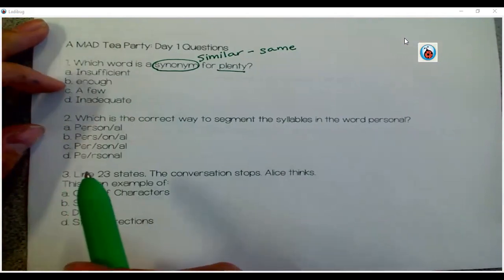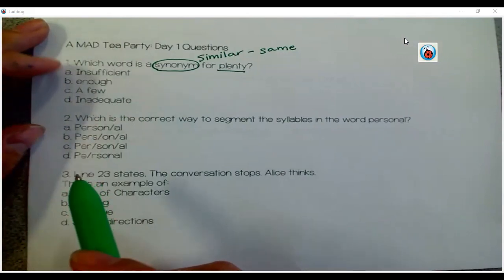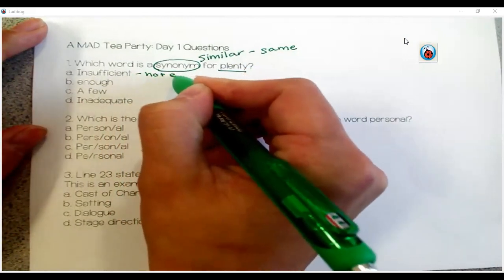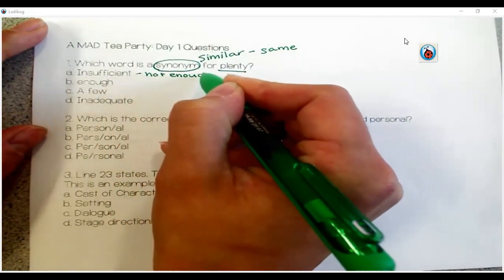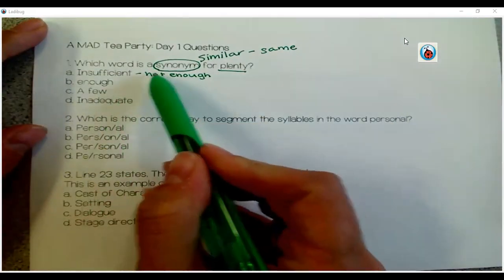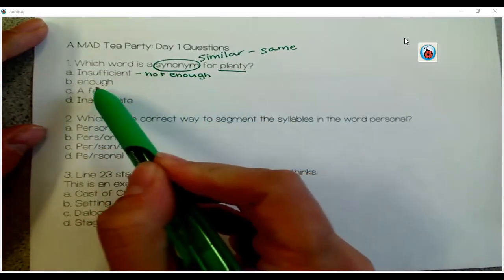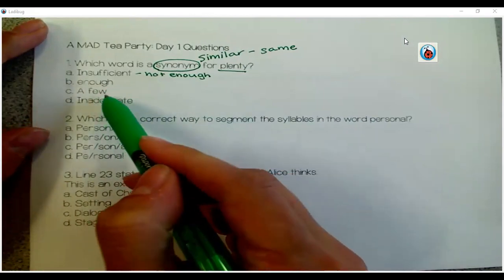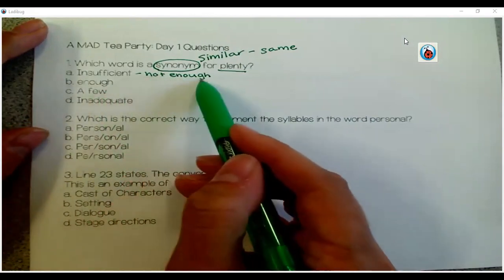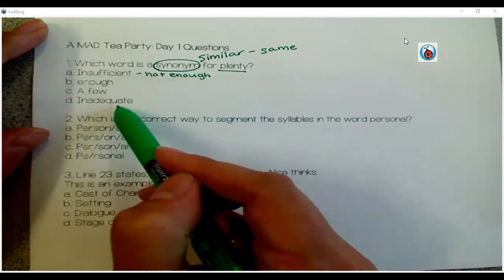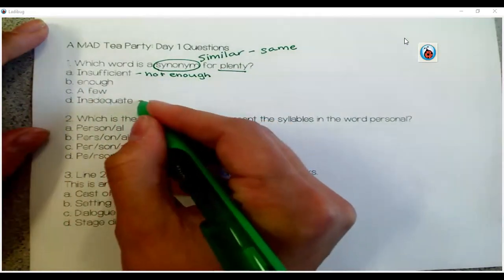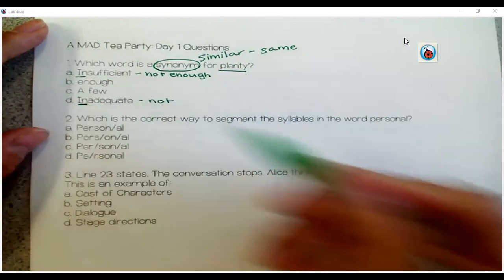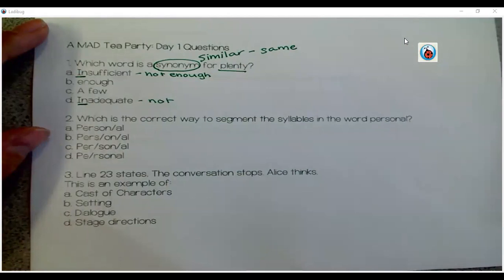I know that insufficient means not enough. So I see right away that I have two words with opposite meanings. A few, I could say, was similar to not enough. And inadequate means, when we see in as a prefix, it tells us that it means not.